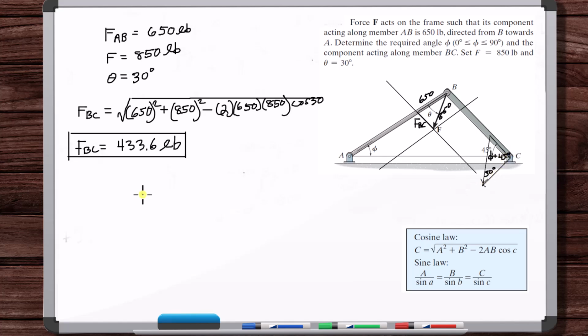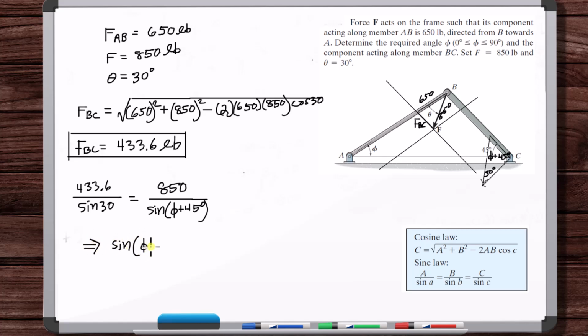So we can say FBC, 433.6, over sine of 30 is equal to F, 850, over sine of psi plus 45.